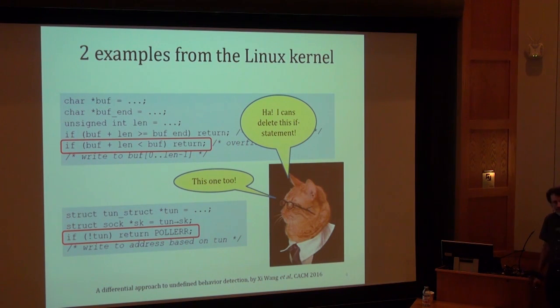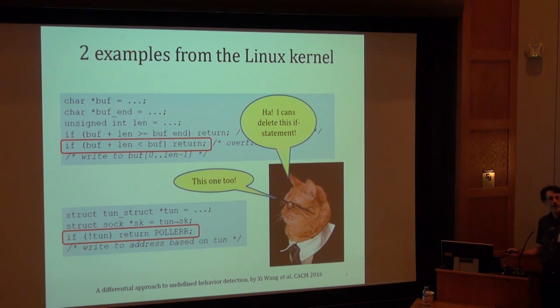In the C11 standard, it is an undefined behavior to make this test, this pointer comparison. It's illegal. If your program exhibits undefined behavior, the compiler is allowed to do anything it wants because it's undefined behavior. So a few years ago, GCC started reasoning as follows.